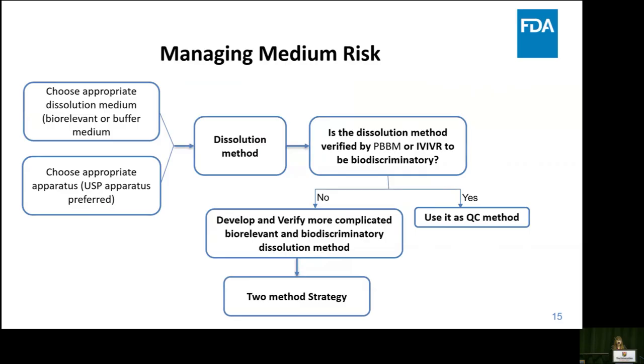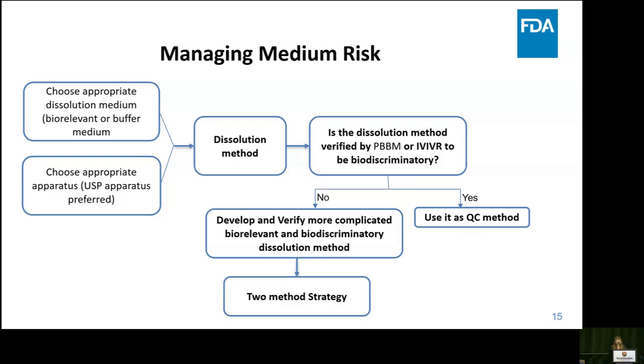So when it comes to managing medium risk, when developing a predictive in vitro dissolution method, we envision starting with the medium selection, which could be a simple biorelevant dissolution or a simple buffer dissolution, and then choosing the appropriate apparatus.